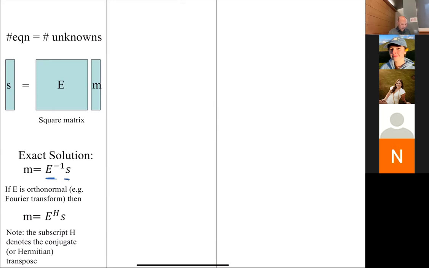And furthermore, if E is orthonormal, we actually asked you that in the homework. So what does orthonormal mean? Anyone remember what orthonormal means? Or even orthogonal? If I have two vectors and they're orthogonal, what can I say about those two vectors?